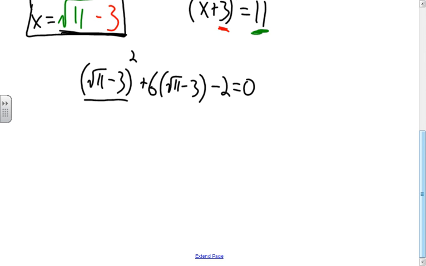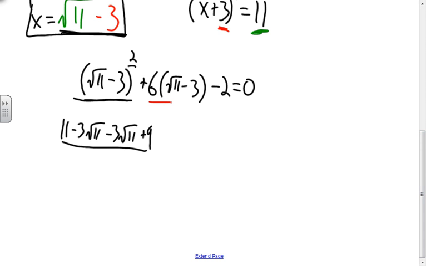When we FOIL this piece out, because we have that squared, that's going to give us square root of 11 times square root of 11 is 11 minus 3 roots of 11 minus another 3 roots of 11, and negative 3 times negative 3 is positive 9. So this whole piece became this. This piece then becomes plus 6 roots of 11 and minus 18. We still have our minus 2, and the whole thing still equals 0.